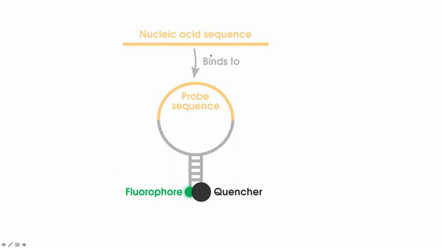So you put a lot of this into your PCR reaction, and as you are making more and more of it during the denaturation and annealing phase, you have more and more target for it to bind to, so that you have more and more fluorescence that you see. And so that's how you're measuring it in the particular instrumentation.